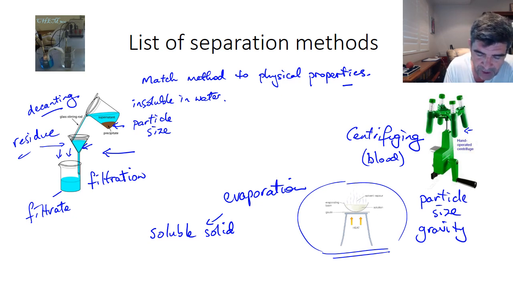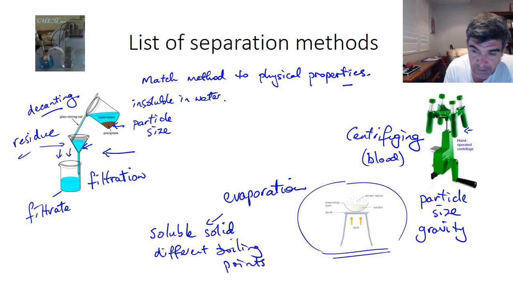The main thing we're relying on here is different boiling points. Differences in the boiling point are what is going to be critical here. So as we heat, the water will reach its boiling point, it will boil, and the water will be released from this particular mixture, and it will leave the residue again sitting behind in our evaporating basin.